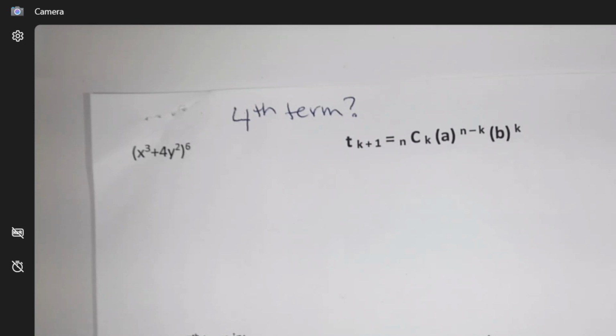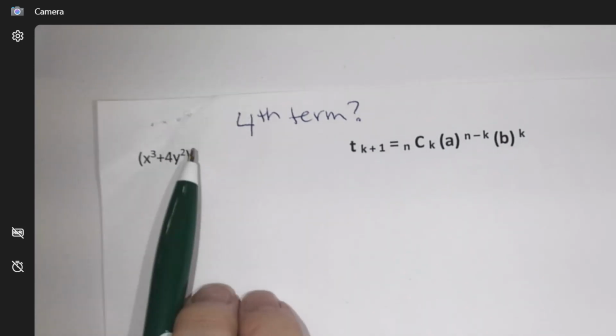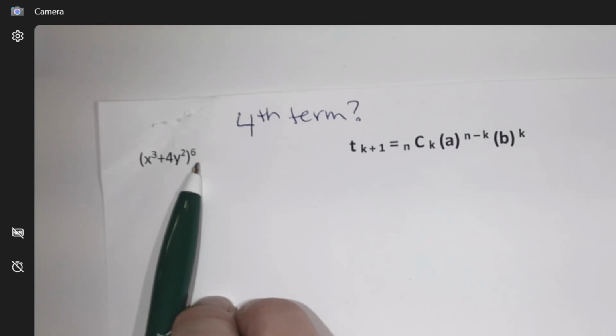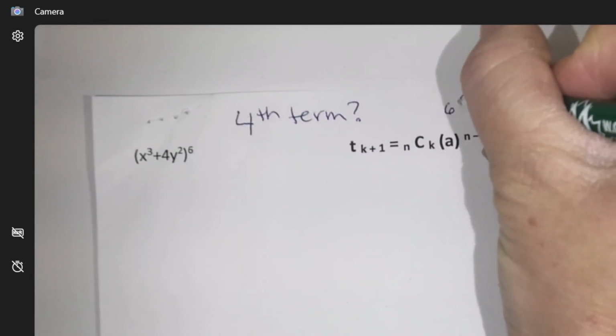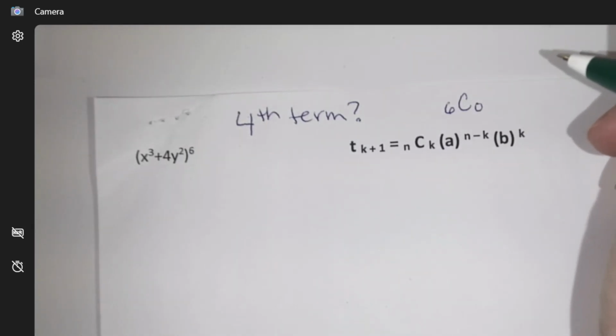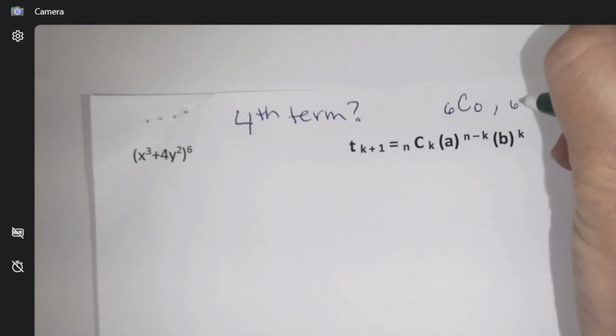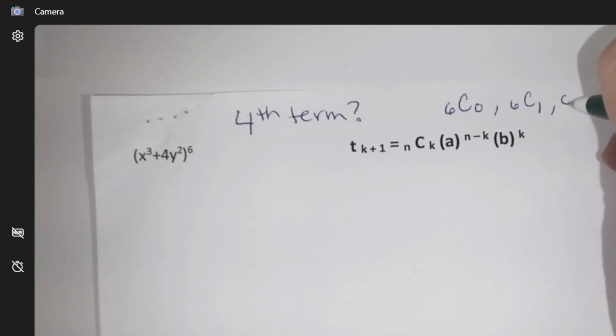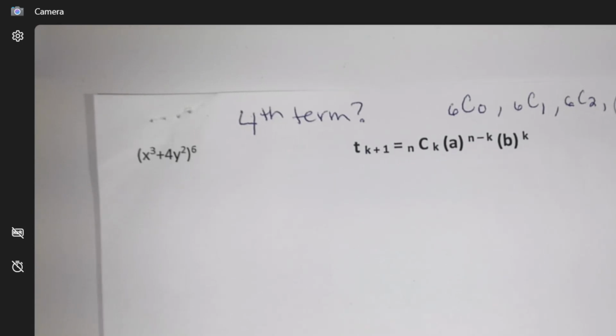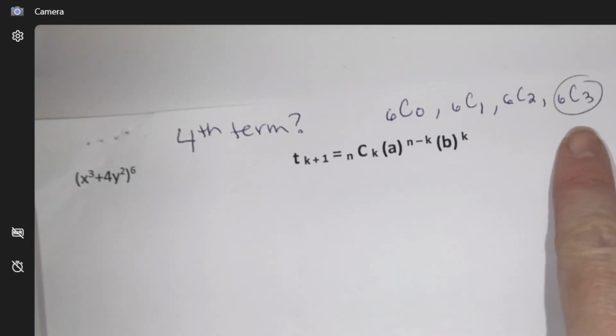Okay, here we go. So this is really tricky, but 6 is my exponent. So if I start counting, 6 choose 0 is how I start. 6 choose 1, 6 choose 2, 6 choose 3 is my 4th term.